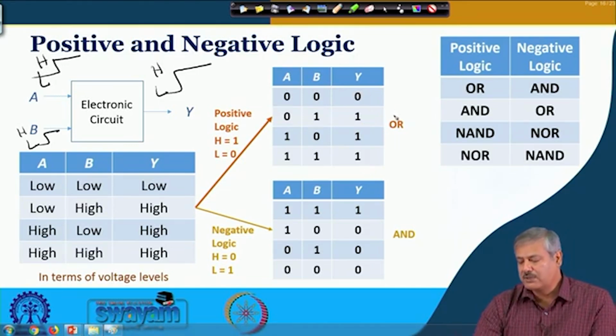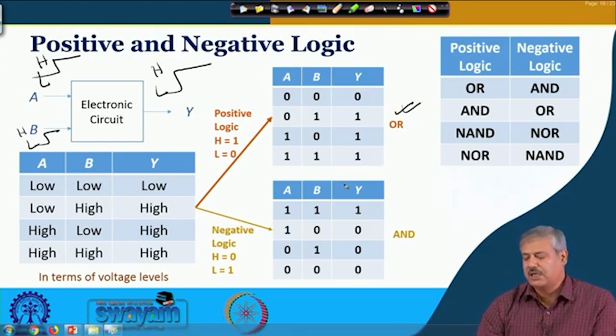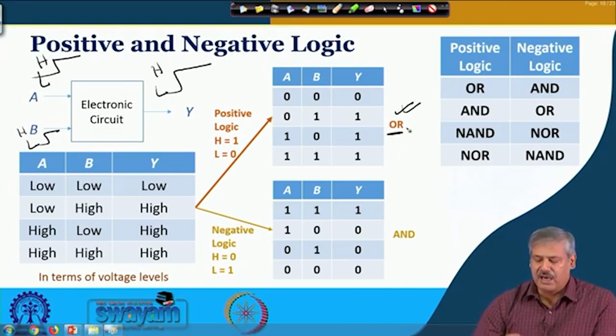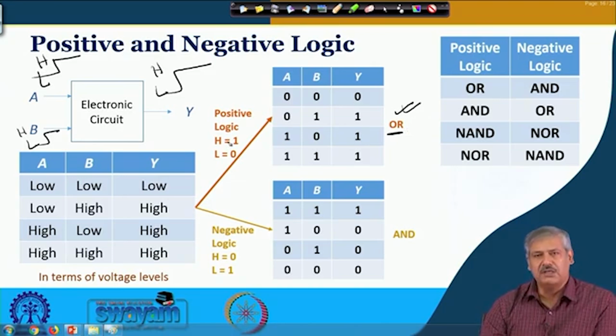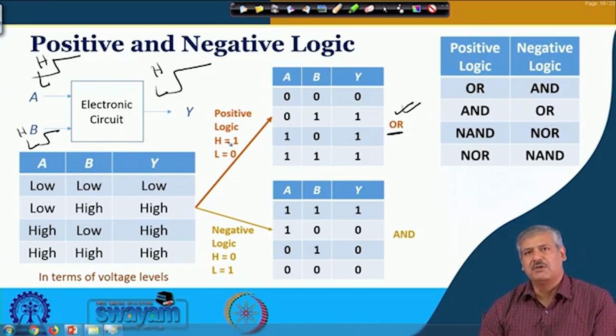The corresponding truth table that we get is that of the OR logic operation, isn't it. So, when high voltage is associated with 1 and low voltage is associated with 0, we say that what we are following is called positive logic. In our discussion, before, now and in future also, we will primarily deal with positive logic.